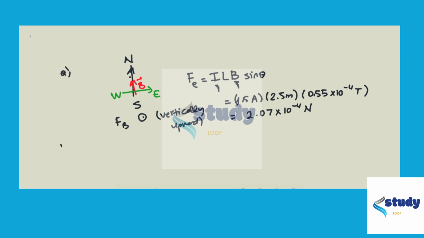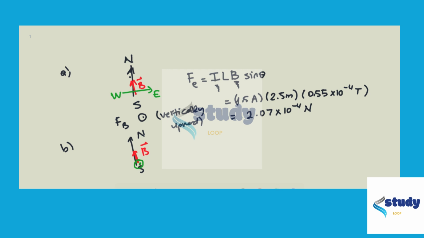Now in part B, our magnetic field is still from south to north. So again, this is the direction of the B field. However, now our current is out of the page.